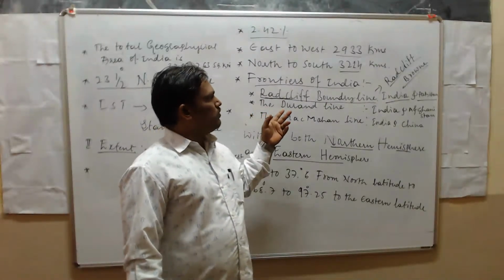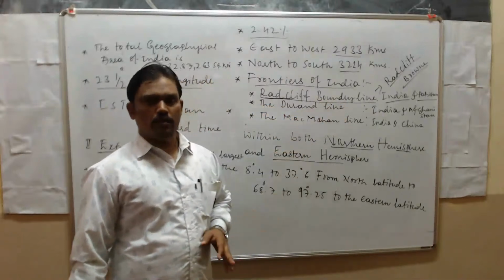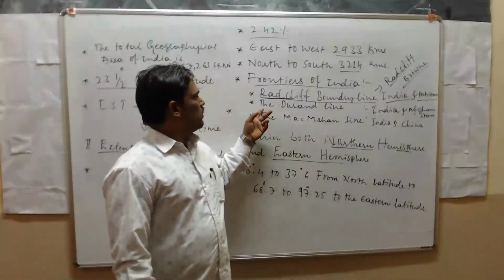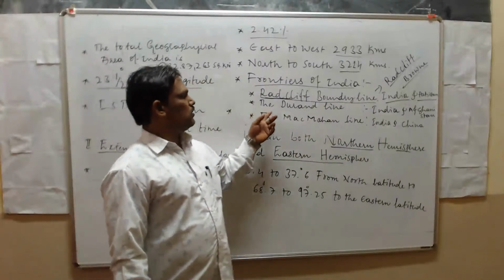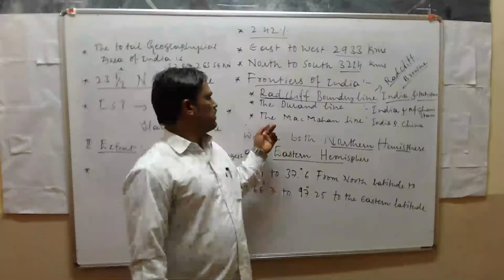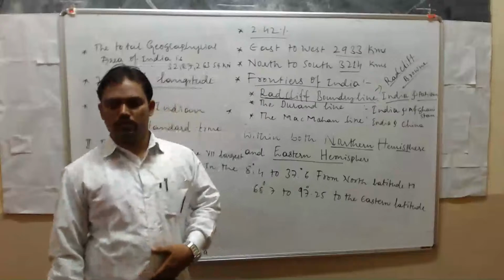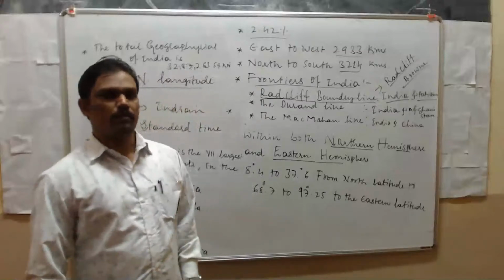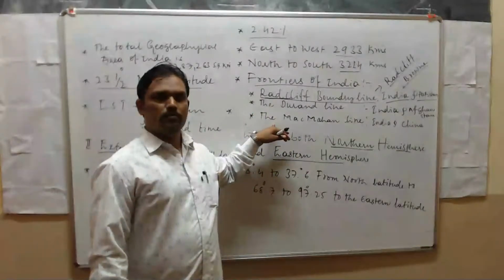Next, in between India and Afghanistan, the Durand line lies. Next, last one, the McMahon borderline, which lies in between India and China. These are the three important frontiers of India. Very, very important. From these three, anyone can come for the final exam.